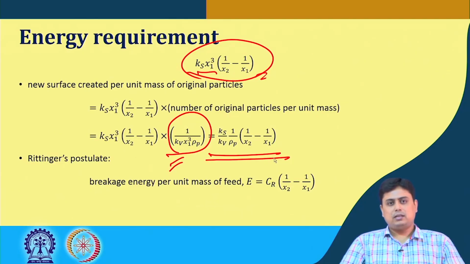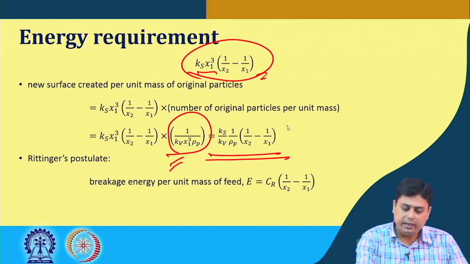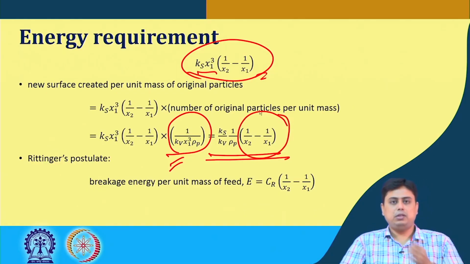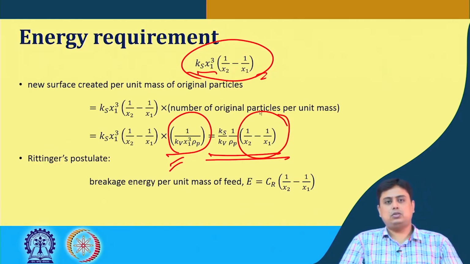So, the energy requirement for the newly created surfaces is eventually dictated by this parameter: 1 minus x1 divided by x2 minus 1 divided by x1.